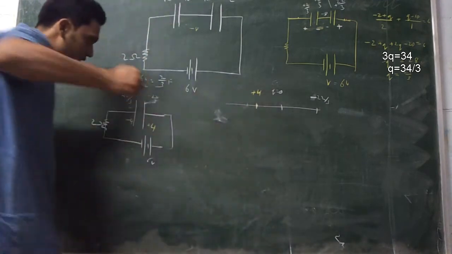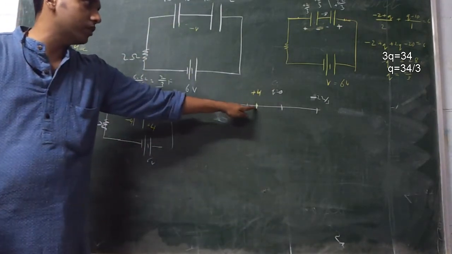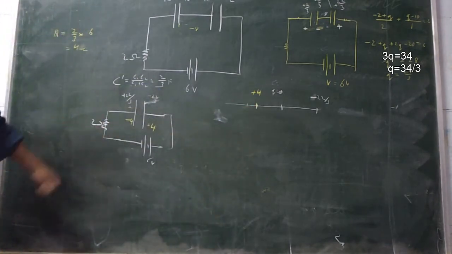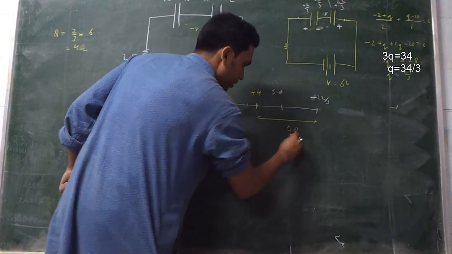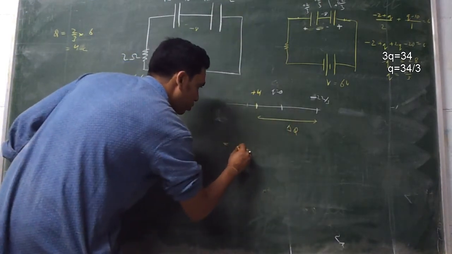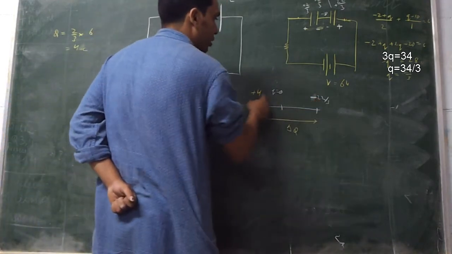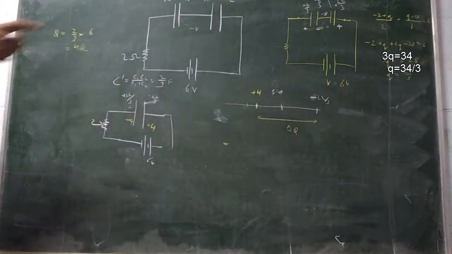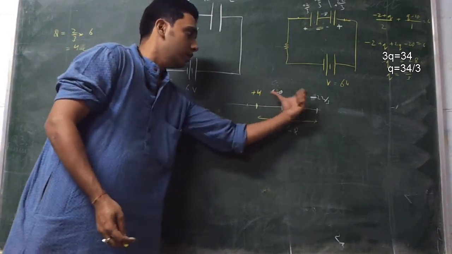So the stretch in the capacitor, the stretch in the spring which is pulling it to this position, which is the mean position for the system, is this much. So that is what is pulling it. So your delta Q is going to be this big delta Q, which is 22 by 3 plus 4. It is 4 minus 22 by 3, or you can do a difference between this and mod of that.